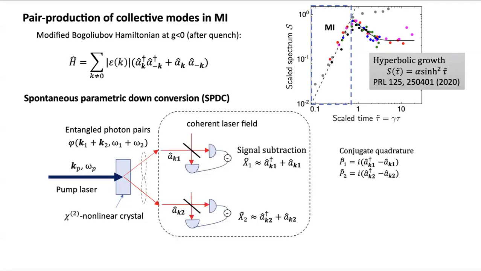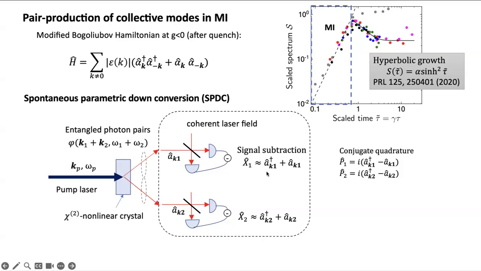The way they do it is by taking two beam splitters, taking these two photons, and interfering them with a laser, which is basically a coherent field. At the two ports of the beam splitter, you have single photon counting detectors. Then once you detect the signal, you either subtract them or add them together.